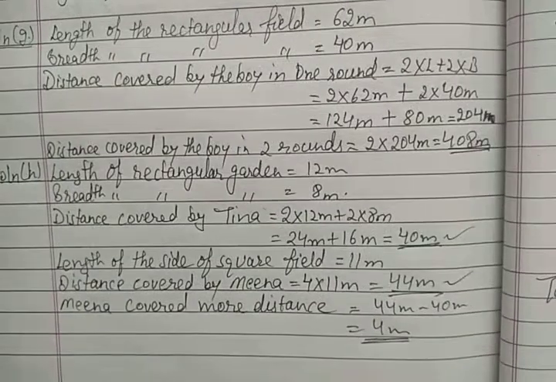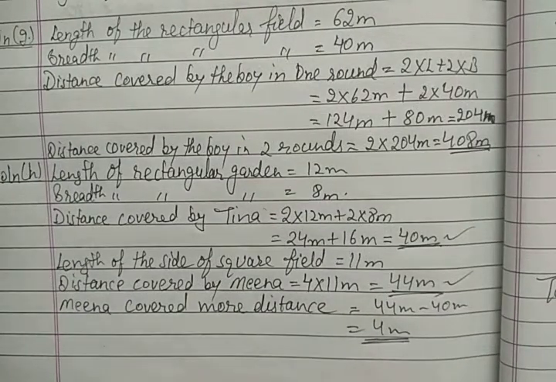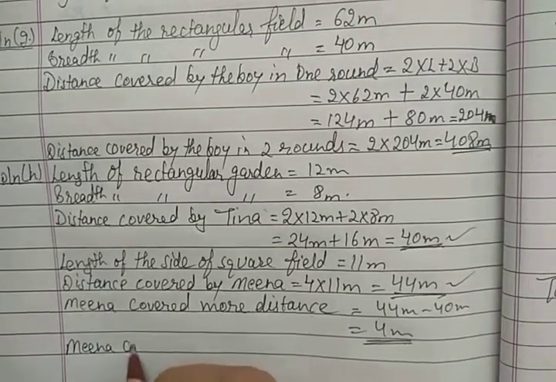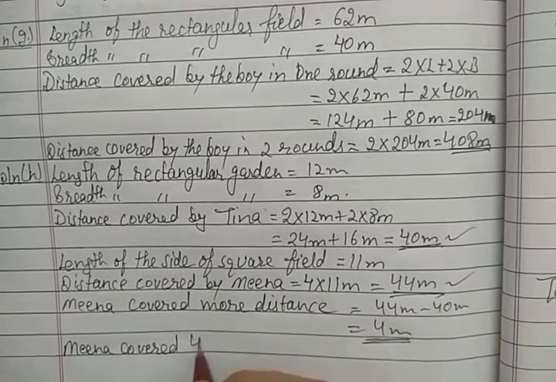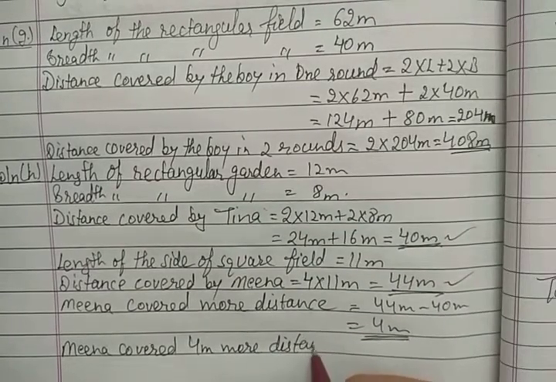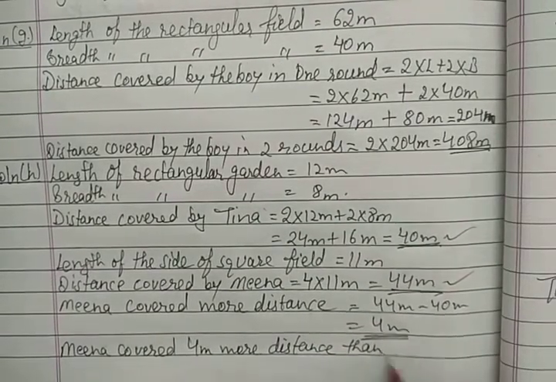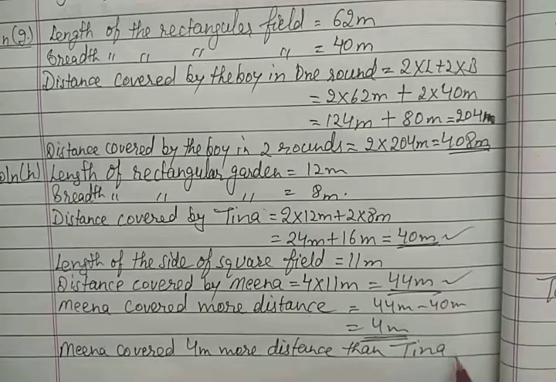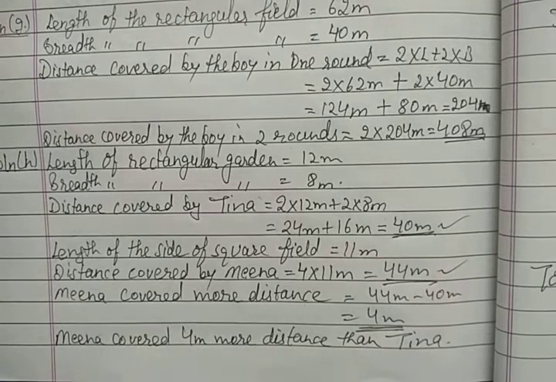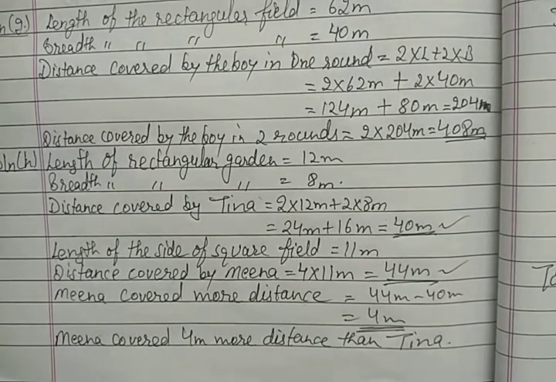So you can write: Meena covered 4 meters more distance than Tina. So in this way we can find out the perimeters and the distance covered by Tina and Meena.